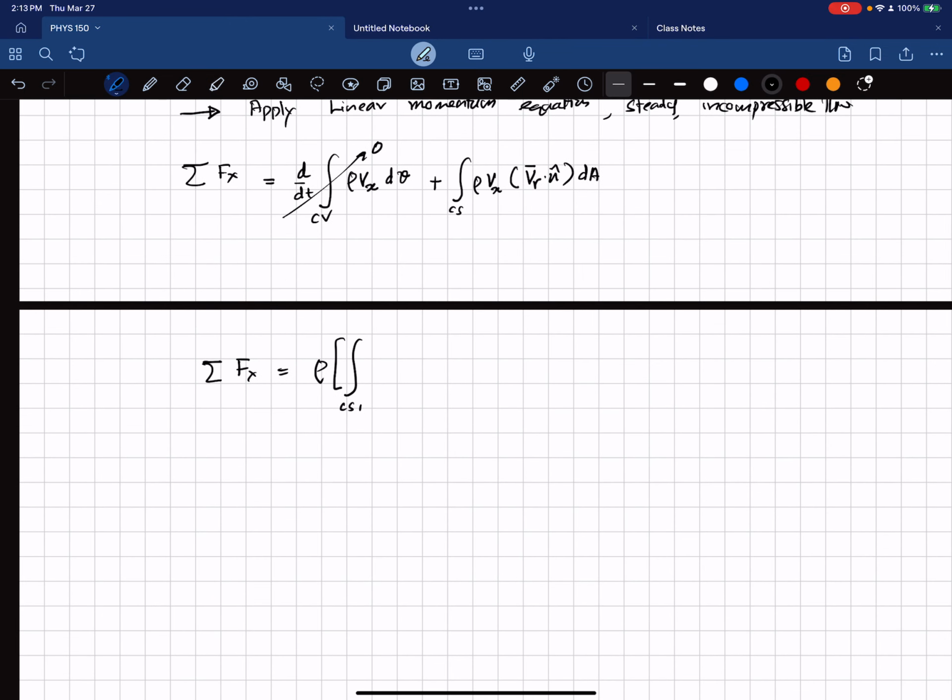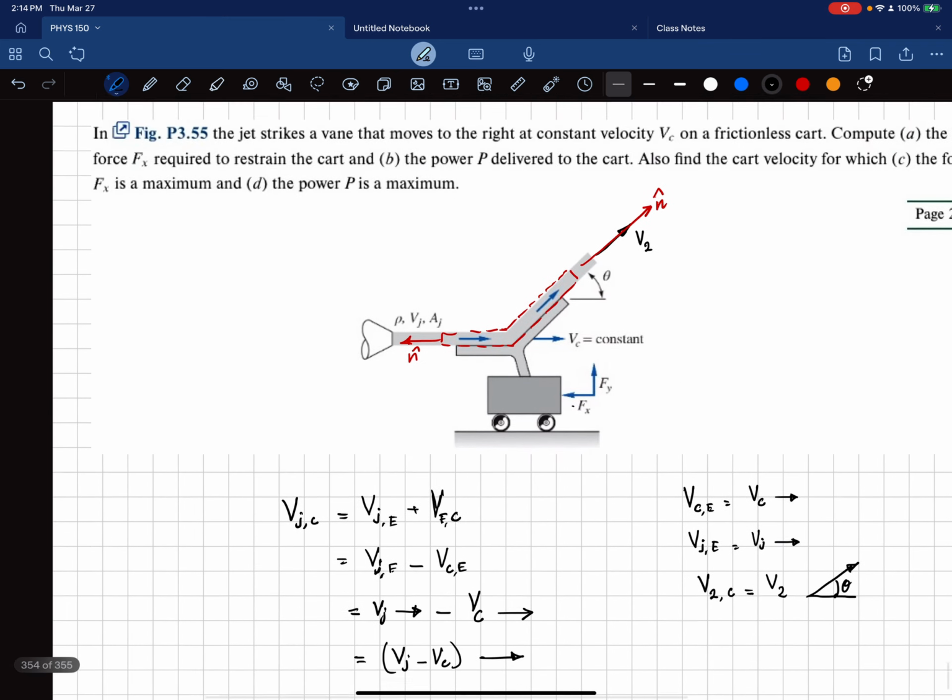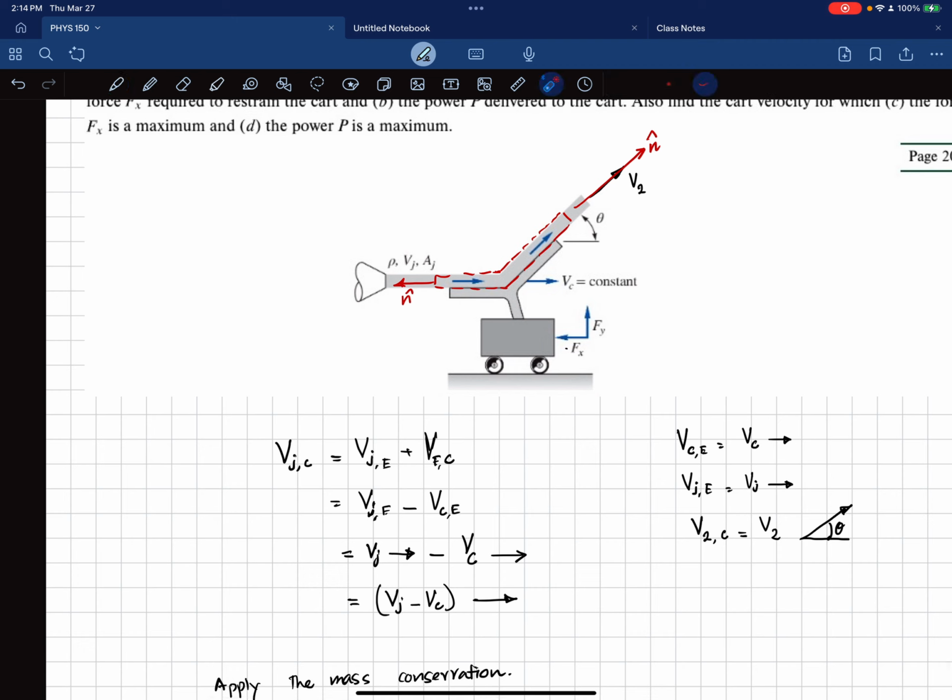So we have Vj minus Vc, and then we also have Vr dot n, which is negative (Vj minus Vc), because the outward normal vector and the velocity vector point in opposite directions, dA, plus CS2, the second exit location. The x-direction velocity: you need to resolve the component to the x direction, that is V2 cosine theta.